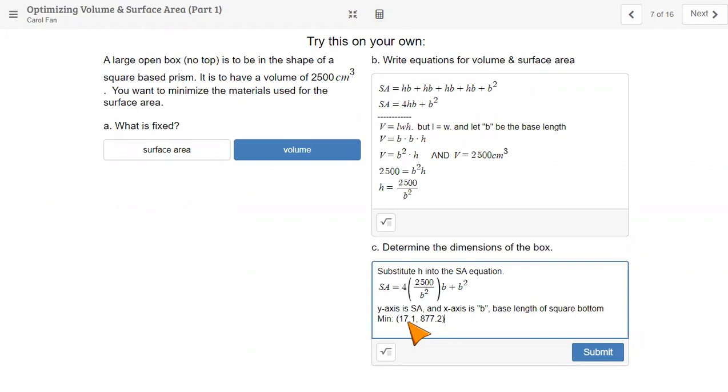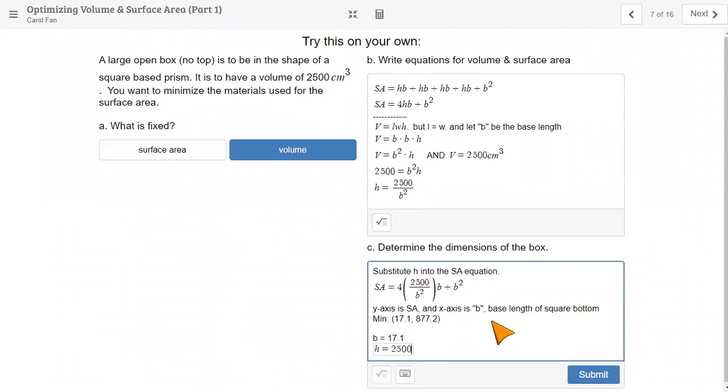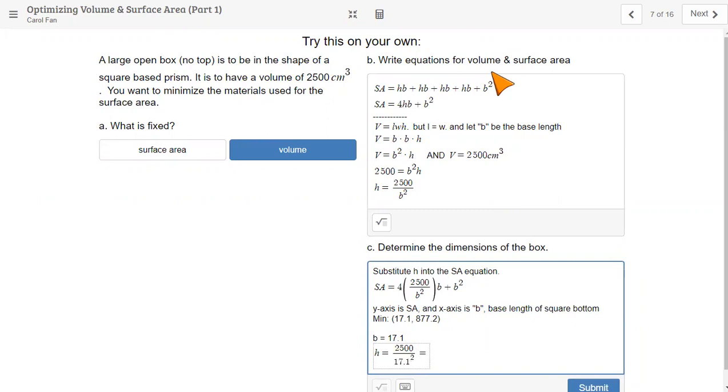That means that the base has to have a length of 17.1, and I can substitute it back in here to find my height. So base is this, height is equal to 2,500 divided by 17.1 squared.